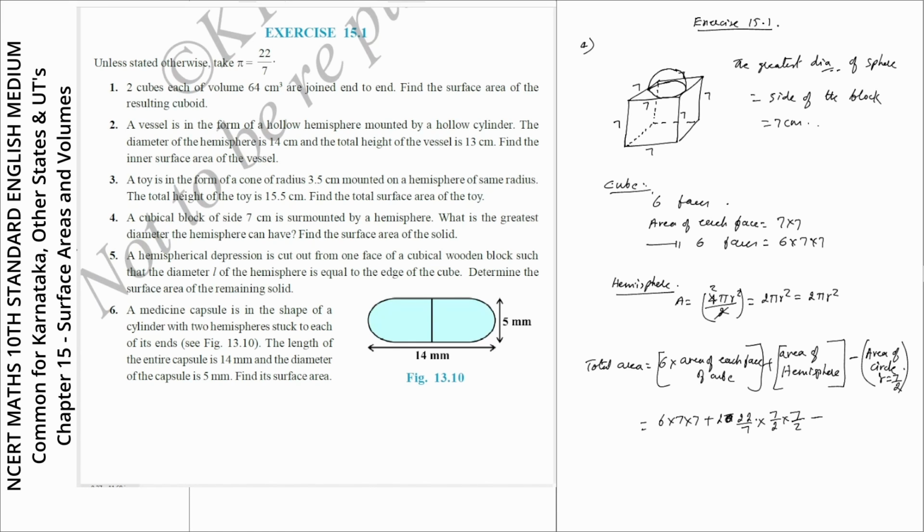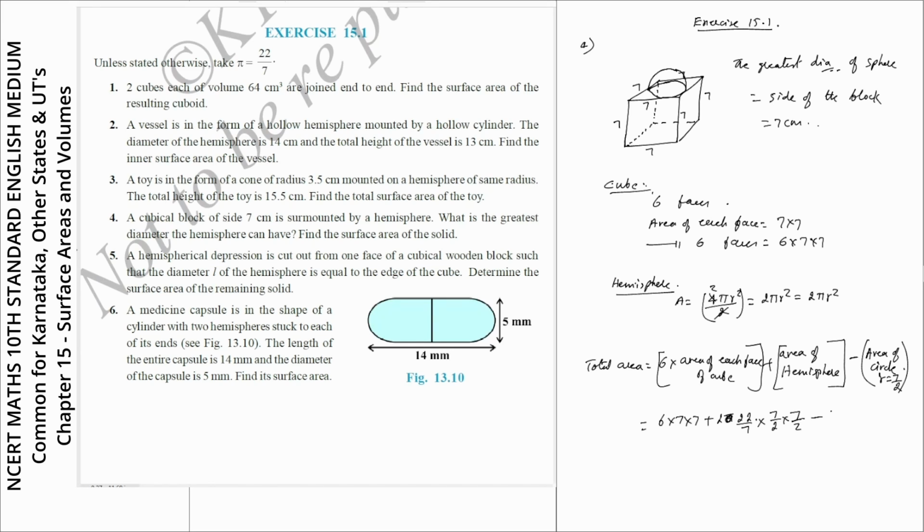Now minus area of the circle with r as radius, and that area of circle is nothing but the base of the hemisphere. Okay, and that area is common to both hemisphere and cube, so that one I should subtract. So minus area of circle, pi r square with r equal to 7 by 2.